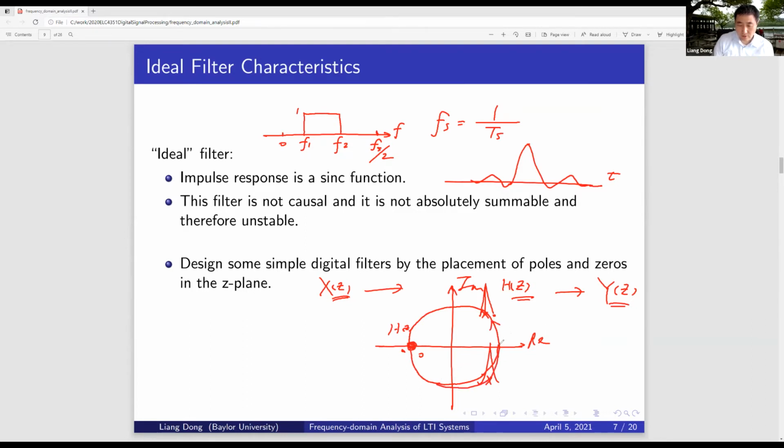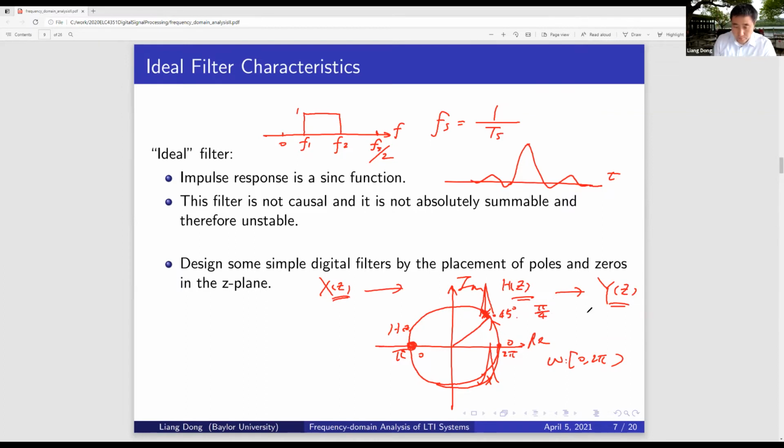So again, if you go along this unit circle from phase 0 to phase pi and back to phase 2 pi, and what I mean by phase is this omega. Omega goes from 0 to 2 pi. Actually, that's one circle here. And then if you're moving around to this position, this is my pole. Let's say I got a frequency here at 45 degrees, or in omega, that will be pi over 4. And then this filter gives me amplification.